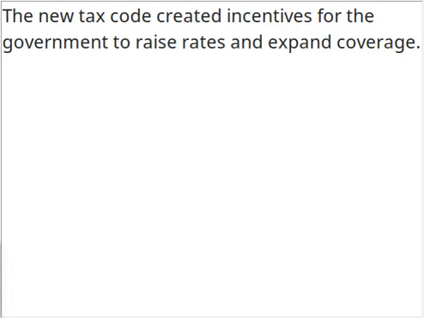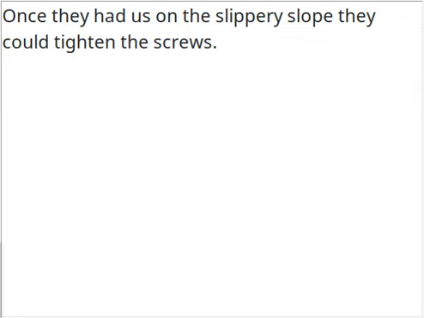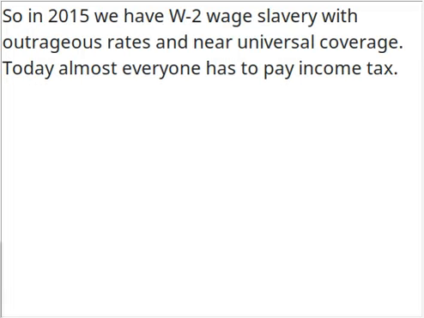The new tax code created incentives for the government to raise rates and expand coverage. Once they had us on the slippery slope, they could tighten the screws. So in 2015, we have W-2 wage slavery with outrageous rates and near universal coverage.